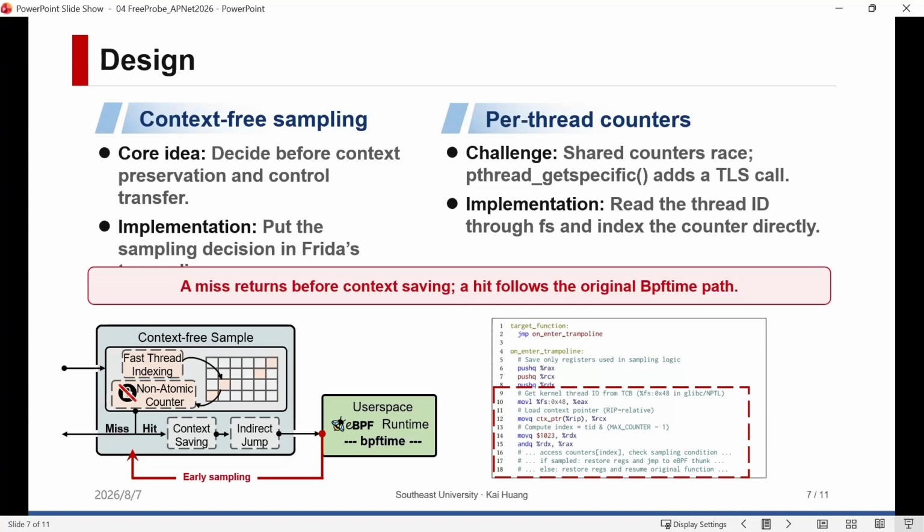Conventional TLS lookup through pthread_getspecific also adds a function call to the hot path. Instead, FreeProbe stores the counters in the probe context, reads the thread identifier through the FS register on Linux, and indexes the per-thread counter directly.